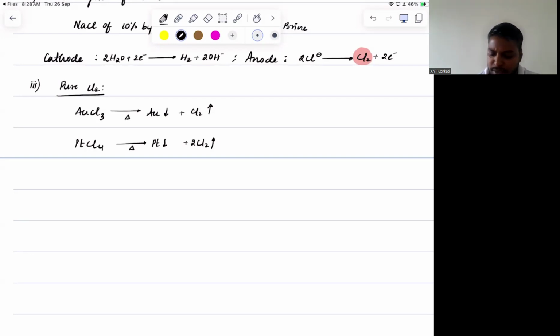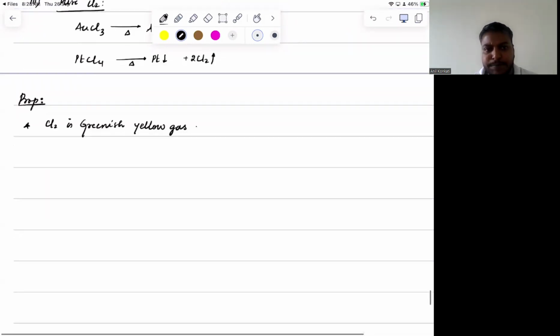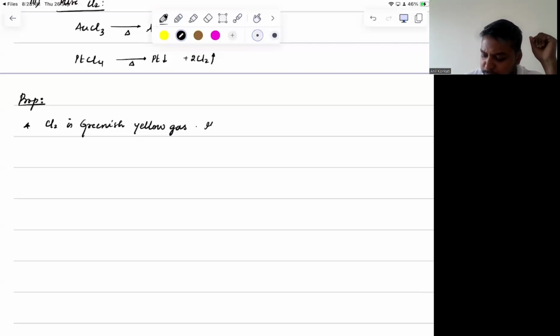Now, typical properties wise, chlorine, Cl2, is a greenish yellow gas. It forms hydrate as you cool it and becomes Cl2.8H2O.